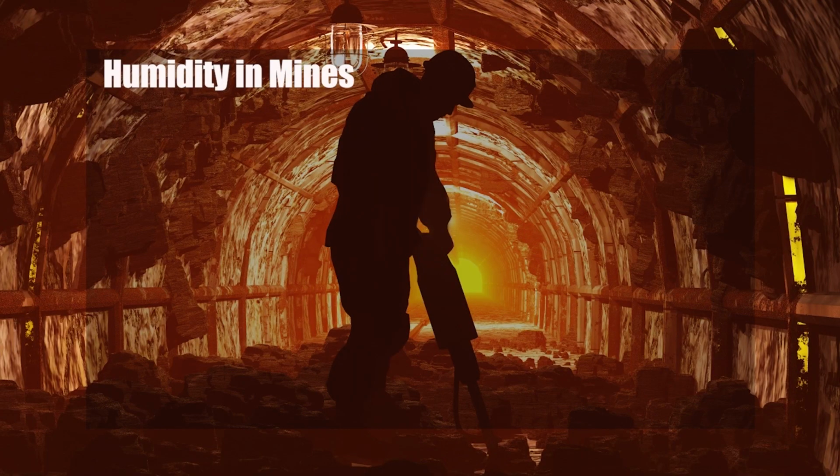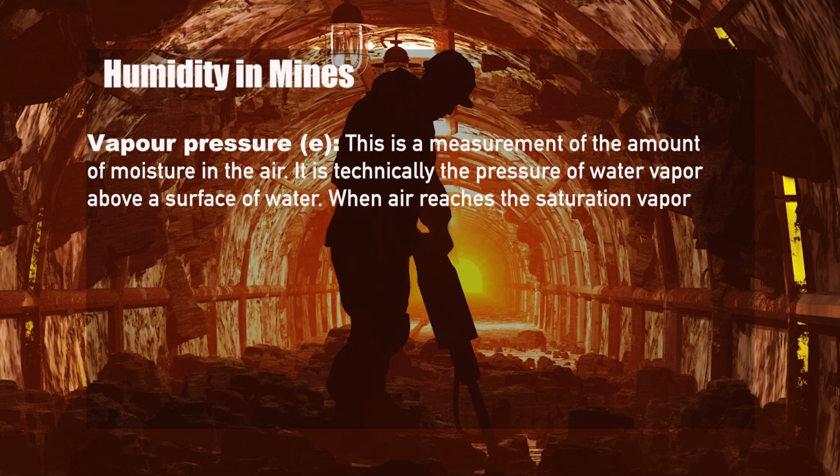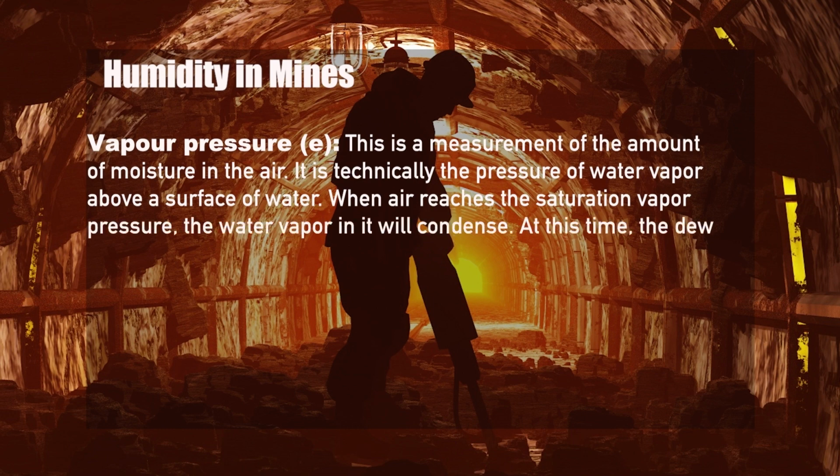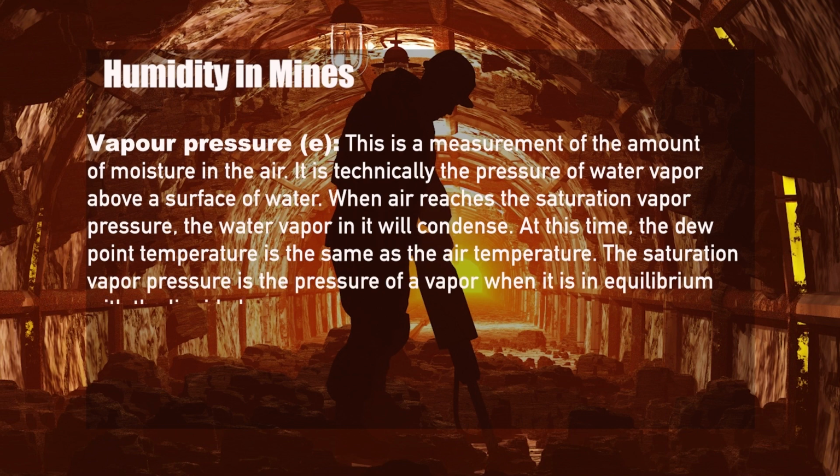Vapor pressure. Vapor pressure is the measurement of amount of moisture in the air. It is technically the presence of water vapor above a surface of water. When air reaches the saturation vapor pressure, the water vapor in it will condense.